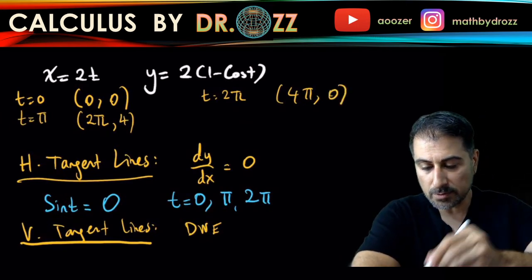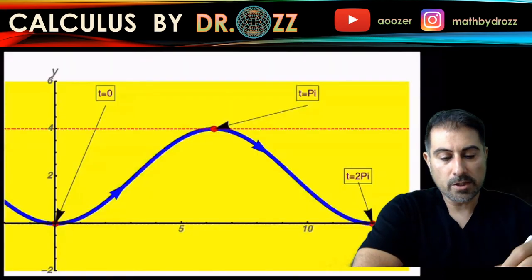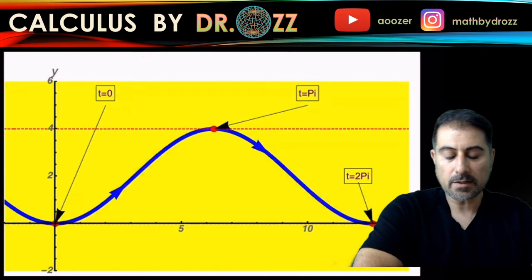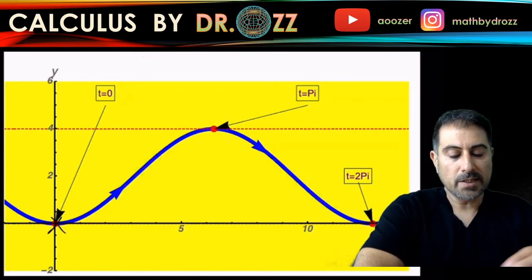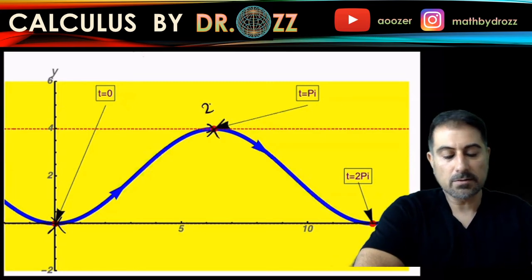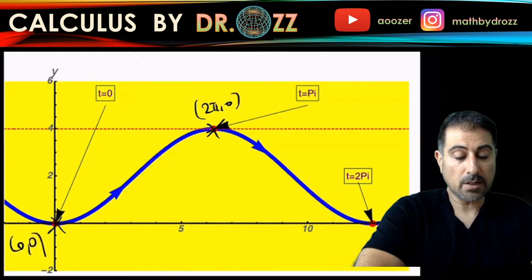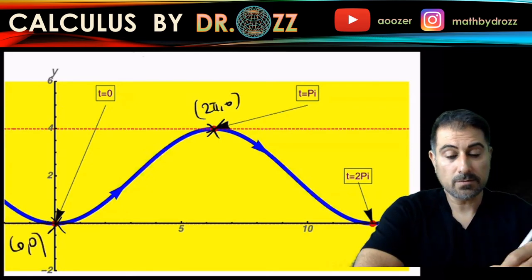Now let me put a bigger graph here just to show you what's going on. The origin that we got is right here, that corresponds to t equals 0. This is the point 2 pi and 4, with a horizontal tangent line, which is this one.